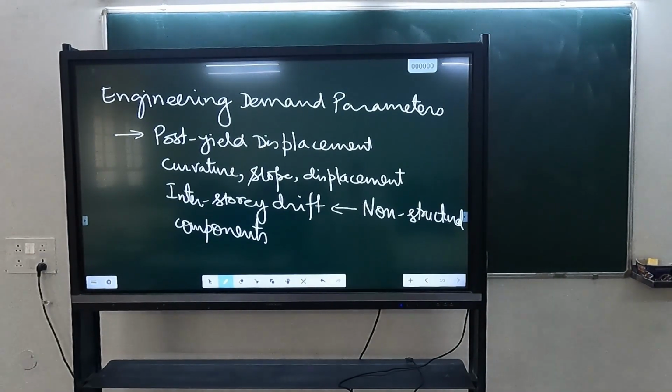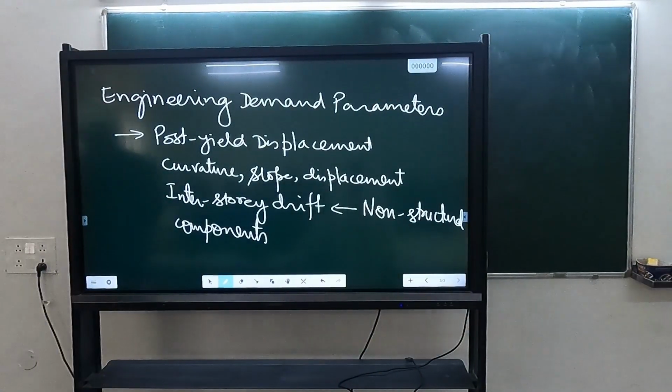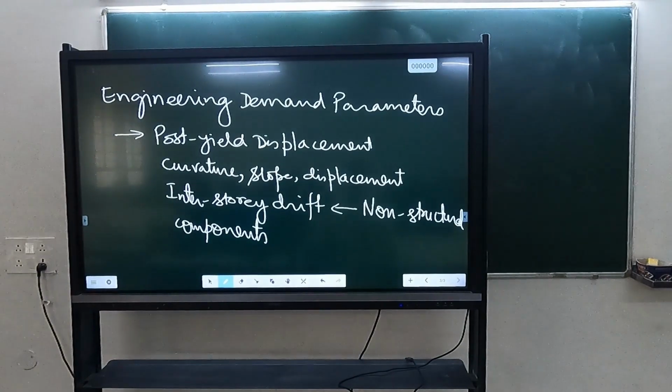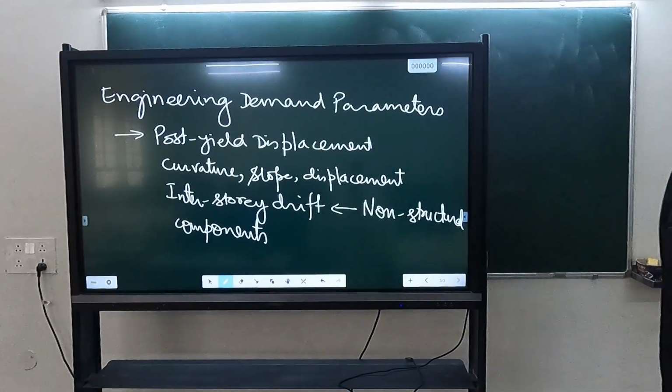So when we are talking about performance-based design, one more difference is that in conventional design, which you studied so far, we were concerned about structural components only. But in performance-based design, we are equally concerned about non-structural components also. Because you can't ensure a building's performance without its content and services.